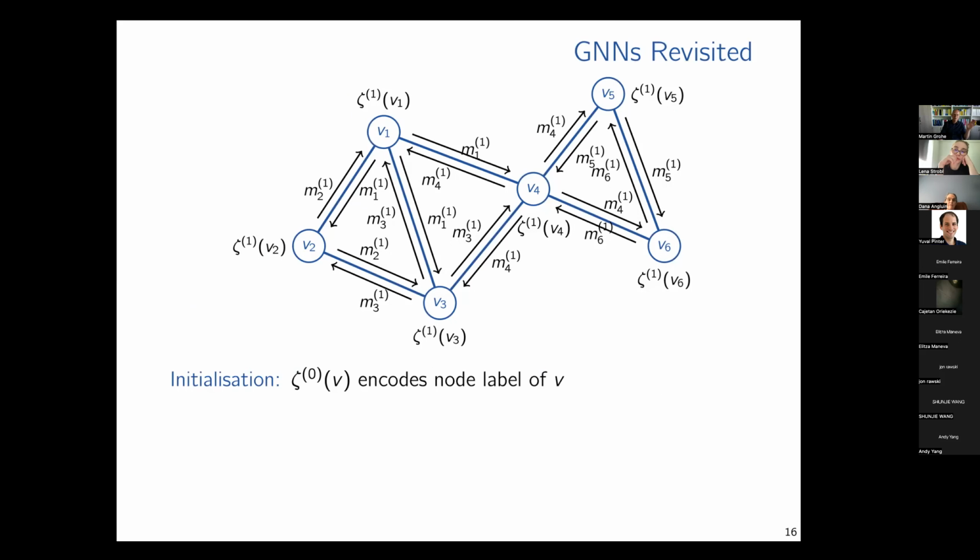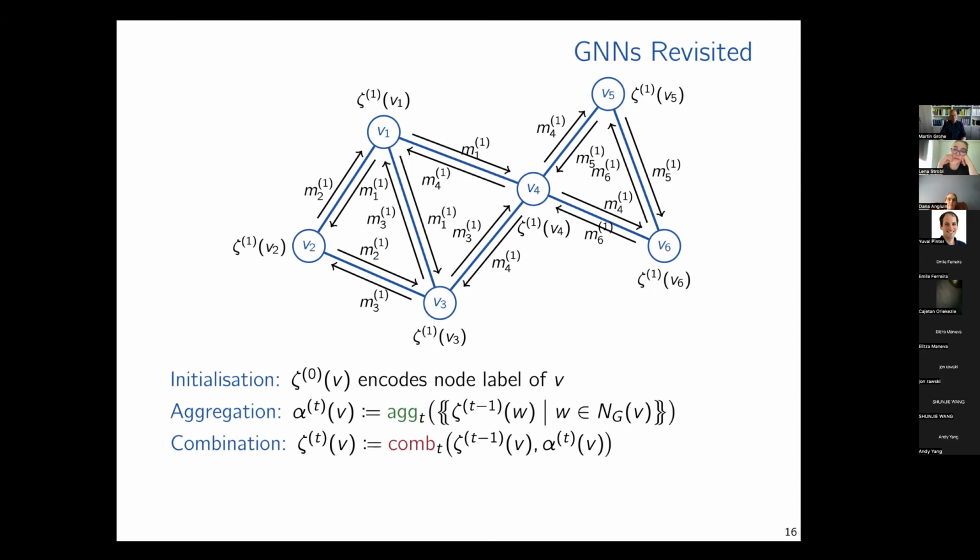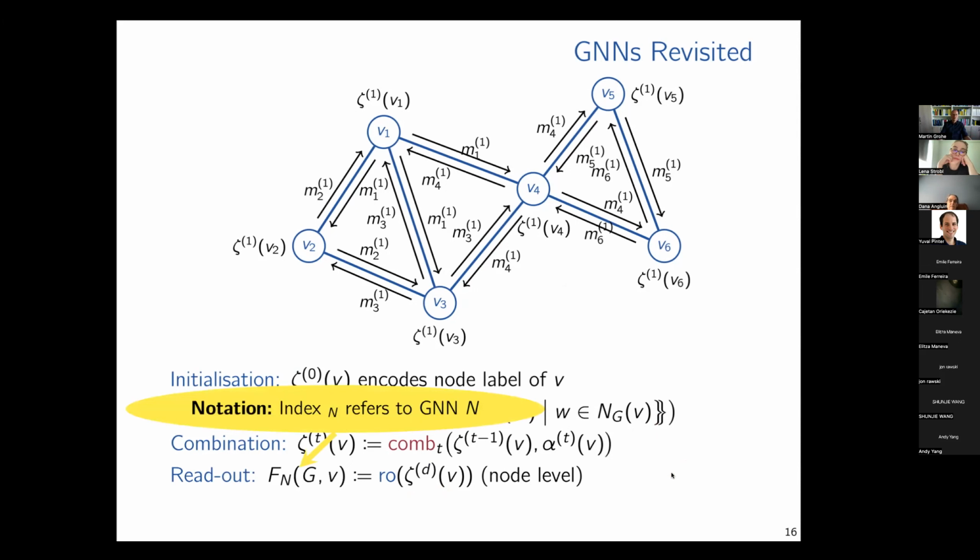Just to remind you, we have this initialization state where we encode the node labels in some vector. Then we go for D rounds, and in every round we first aggregate the states of the neighbors. Then we combine them with the old states of every node, and we have the new states. We do this for D levels, and then we apply a readout function either to every node.